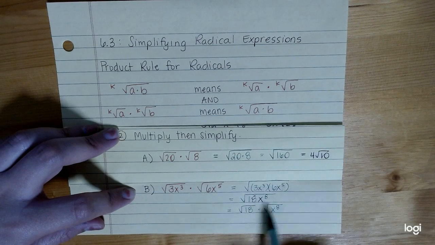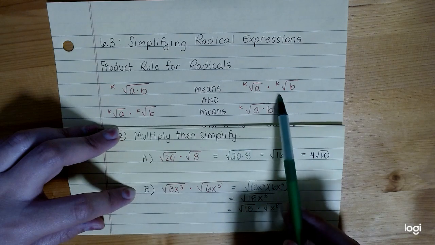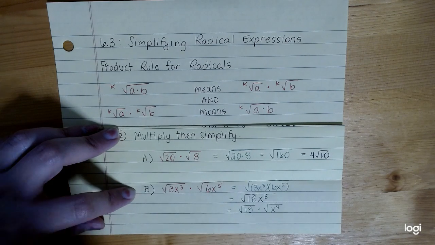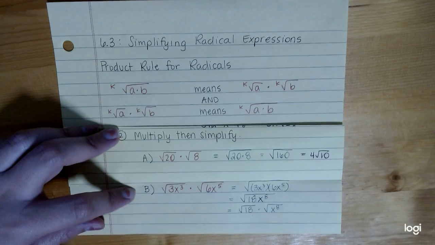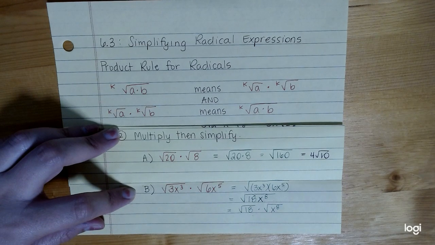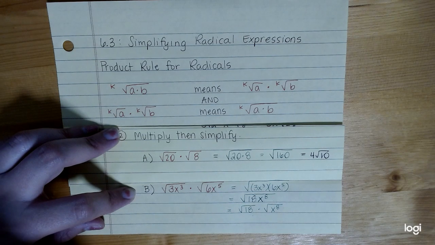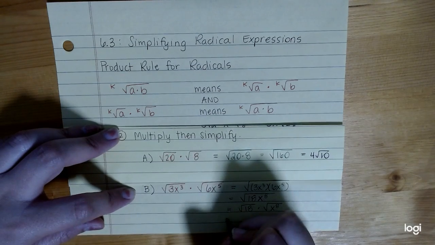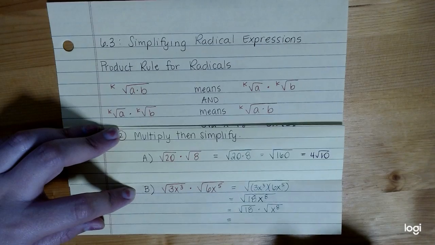At this point, if you didn't want to use this rule in reverse, you could go back to what we were doing in the 6-2 videos, and you could actually write that as 18x to the 8th to the 1/2 power, and then you can apply your exponent rules to simplify. So there are several different ways to simplify radical expressions. This is simply taking just a little bit of a different track.